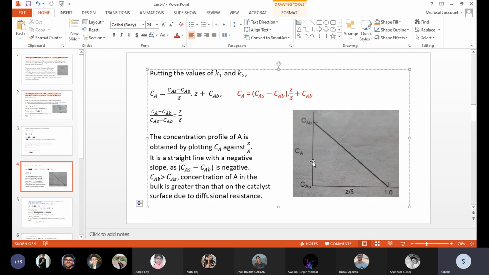When z by delta is equal to 0, we can write CAb, and when z by delta is equal to 1, we can write it as CAs.